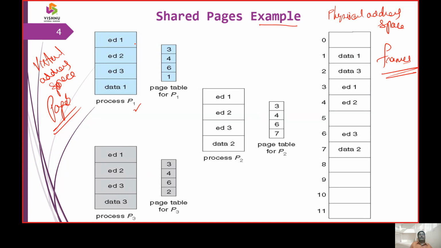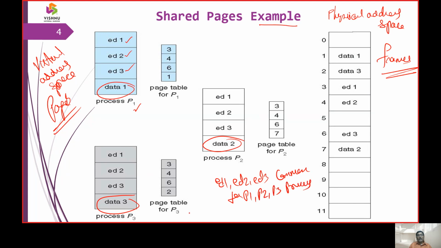So we have editor 1, editor 2, editor 3, and one set of data: data 1, data 2, and data 3. ED1, ED2, ED3 are going to be common for process P1, process P2, and process P3, and each process has local data, that is data 1, data 2, and data 3.